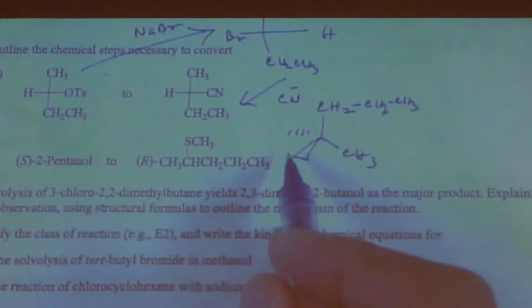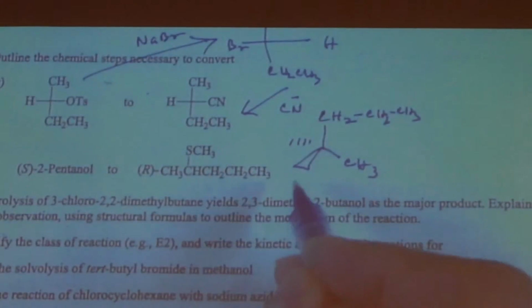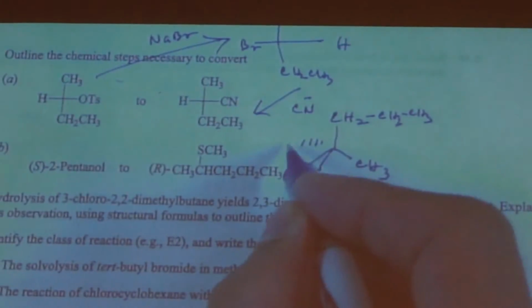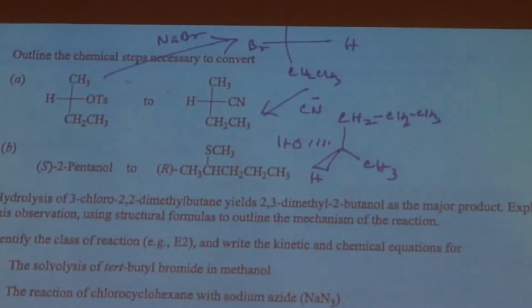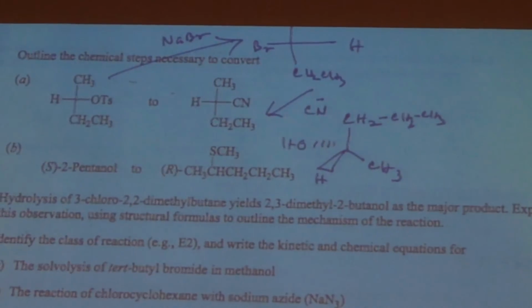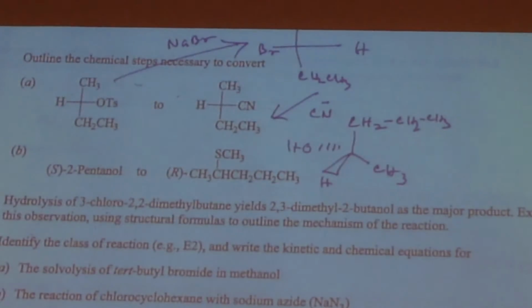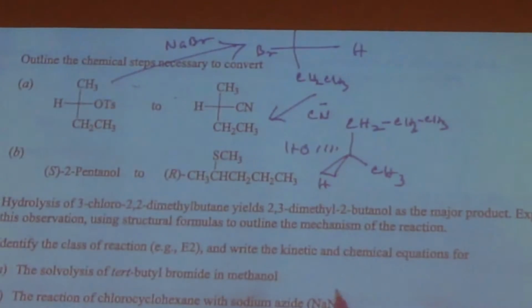The 2-pentanol, this is the 2 position. And if we write the OH here, that would actually be R, therefore we'll switch that. This is H. So this is S-2-pentanol.